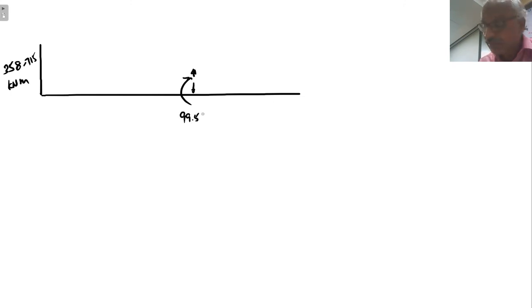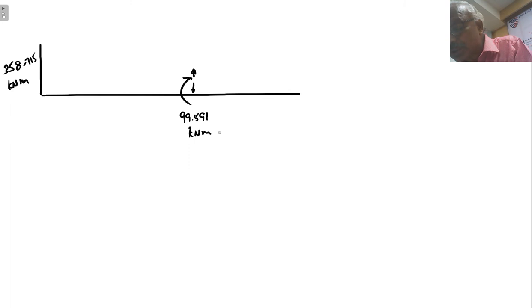Here it is 358.715 kilonewton meter. And the second value at B, it is 99 point something, 99.591 kilonewton meter.